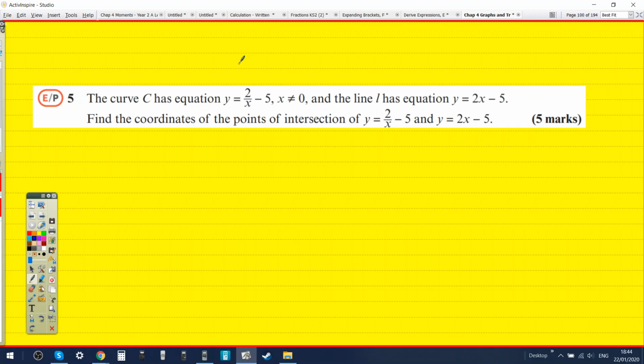So 2 over x minus 5 is equal to 2x minus 5. Yep.